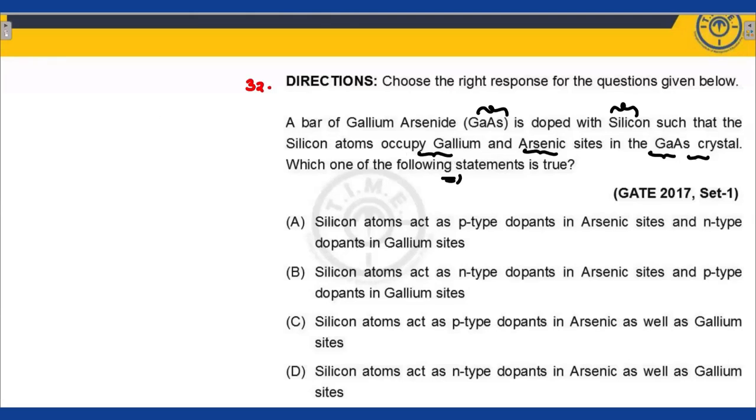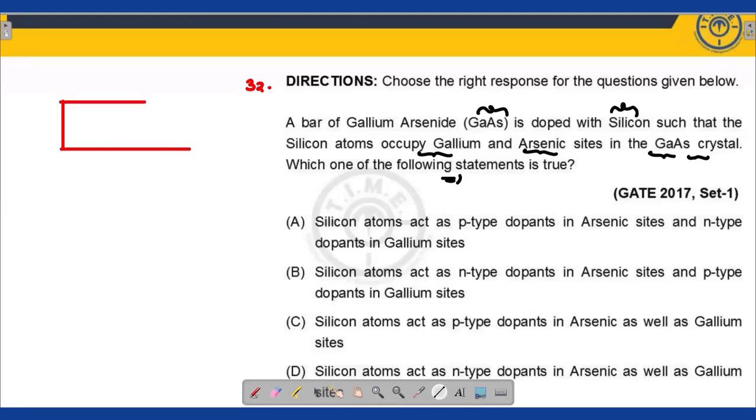See, I have taken a bar of gallium arsenide. This is a bar of gallium arsenide, doped with silicon. Now I have done the doping with silicon.